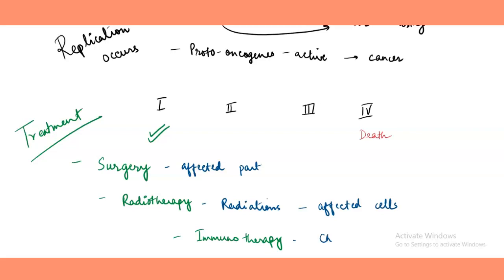In the immunotherapy, chemotherapy is given. Chemotherapy is a special type of treatment which is given to the cancerous patient, which includes killing the cancerous cells, but it kills non-cancerous cells also. In chemotherapy, the follicle cells of the body also get damaged.